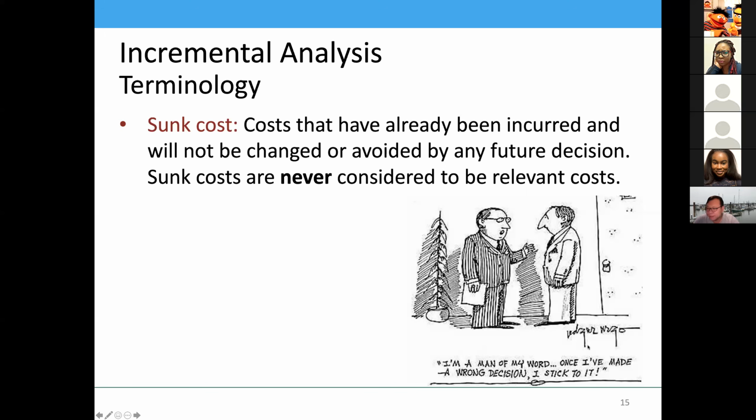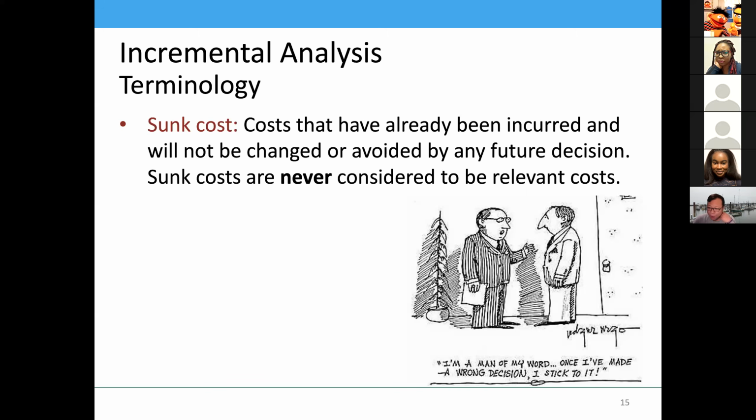So a sunk cost, in the moment that you're making the decision whether or not to join the class at the beginning of the semester, is a relevant cost, but later, if we were considering dropping now, it would become a sunk cost in terms of the payment. Is that correct? Yes. Because at the beginning of the semester, when you decide to drop the course, you are able to get back at least a portion of the tuition, so you are able to change or avoid the cost.